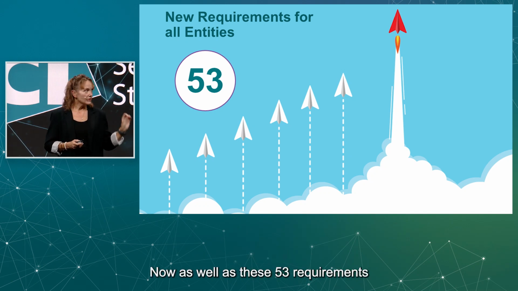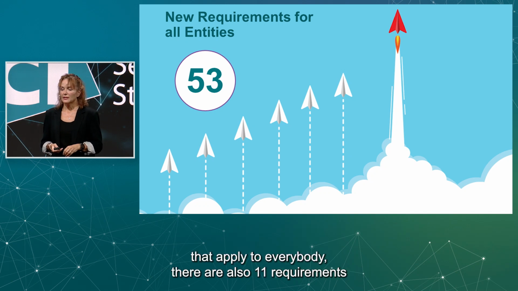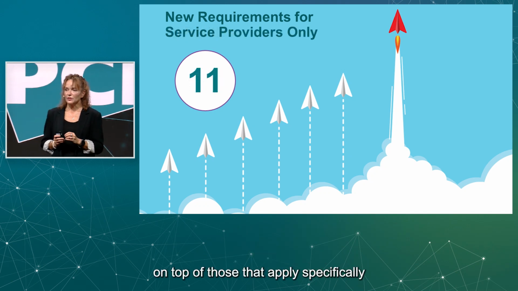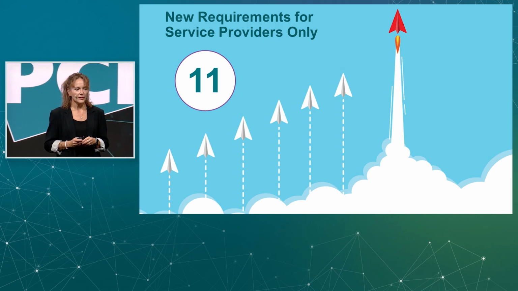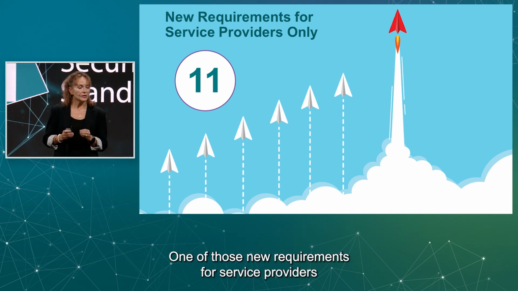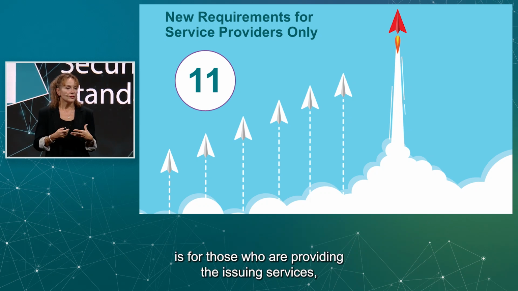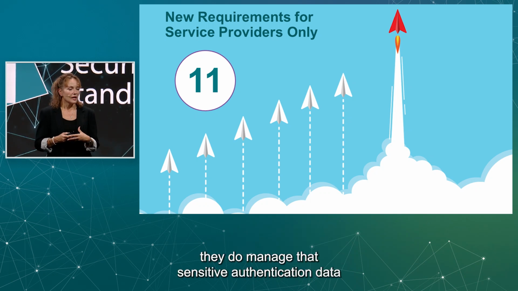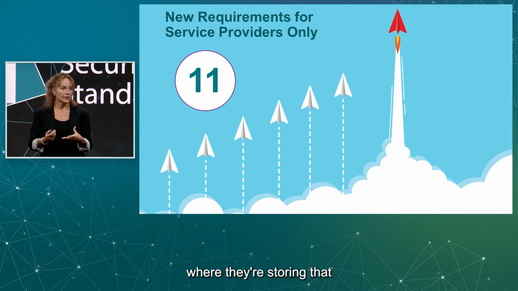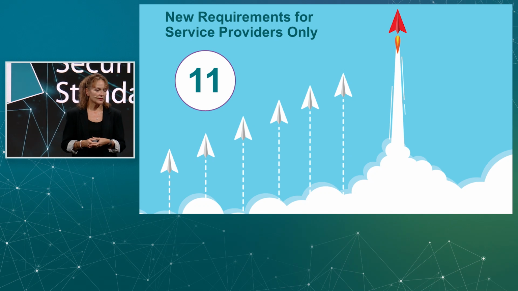Now, as well as these 53 requirements that apply to everybody, there are also 11 requirements on top of those that apply specifically to service providers. Still talking about sensitive authentication data, one of those new requirements for service providers is for those who are providing issuing services, they do manage that sensitive authentication data, and they do apply strong cryptography where they're storing that to make sure that it is protected.